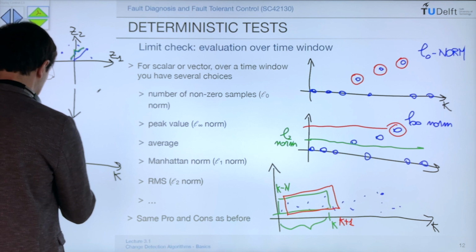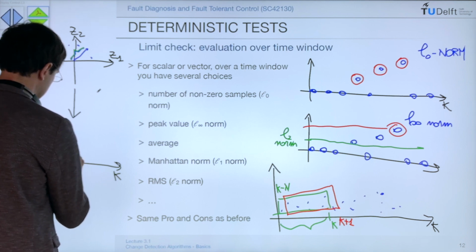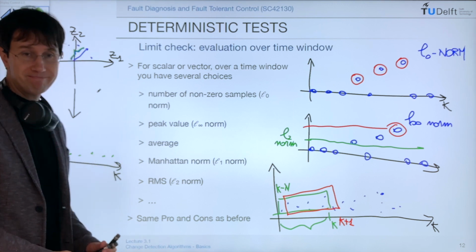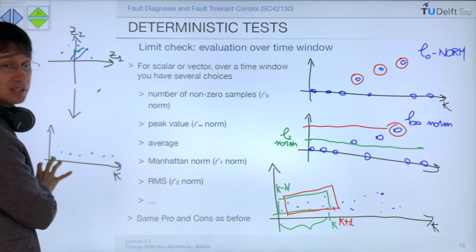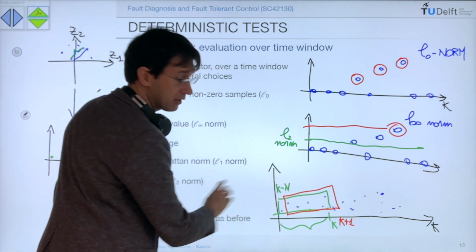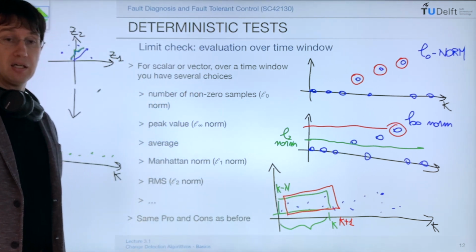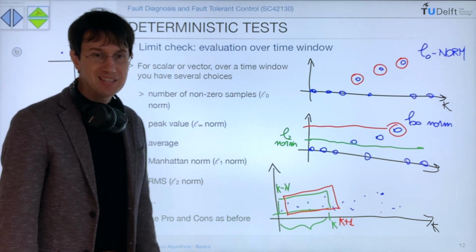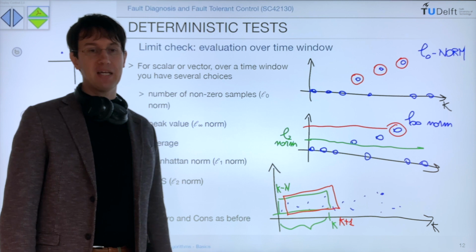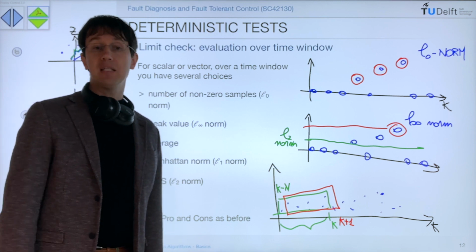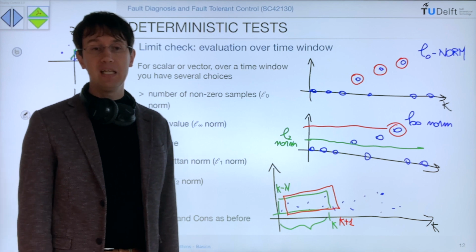So now we have values of this. And then you have your signal over time, and you can define a time window here and compute the L something norm of it. So in the end, you get to the same result. You get a single scalar number at every time step, and that is the one that you are evaluating in the limit check.